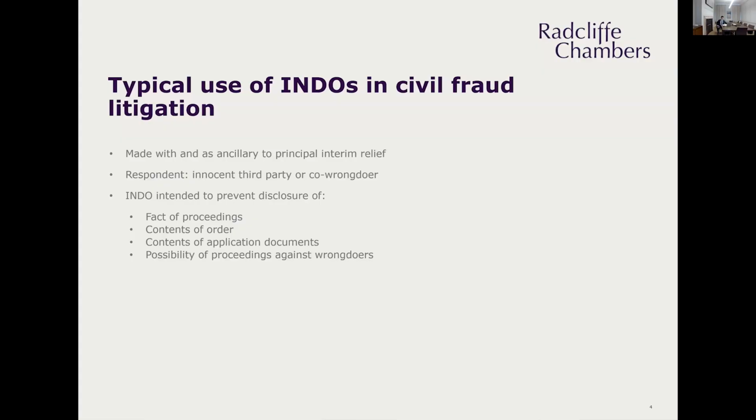The interim remedy will normally be sought against an innocent third party or co-wrongdoer. I say co-wrongdoer because there may be one wrongdoer whom you've identified, but you may need to get relief against them to identify another, or indeed to seek information about the wrongdoing, gain evidence about it, as well as obtaining the identity of the wrongdoer, or getting information to help preserve assets.